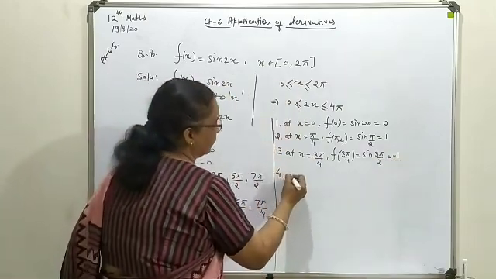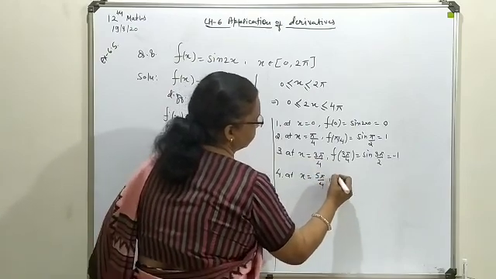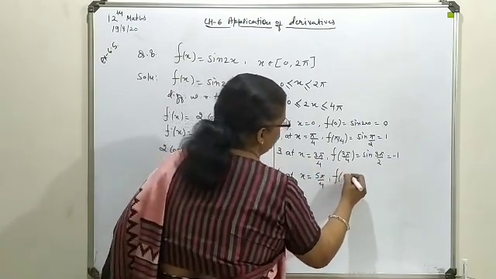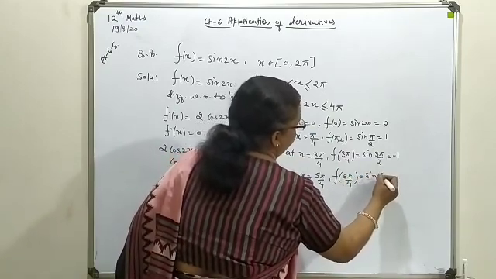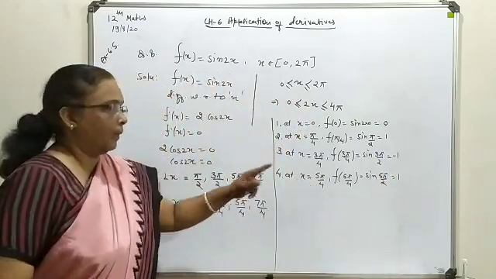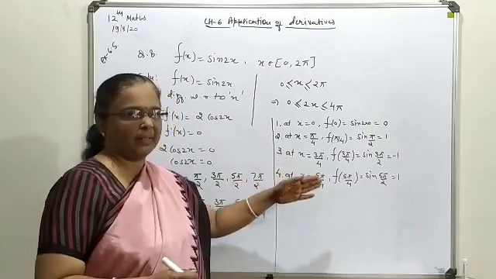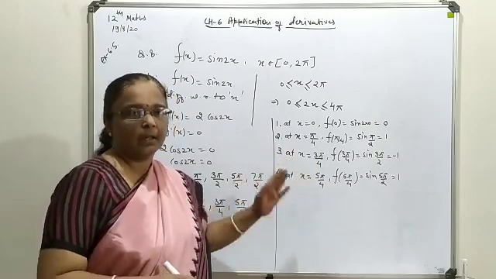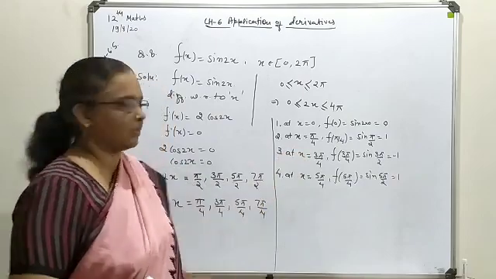Fourth one, at x is equal to 5 pi by 4, this means sine 5 pi by 2. This will further give you plus 1. You can split this angle 5 pi by 2: 2 pi plus pi by 2 means you are in the first quadrant, that's why it is plus 1.